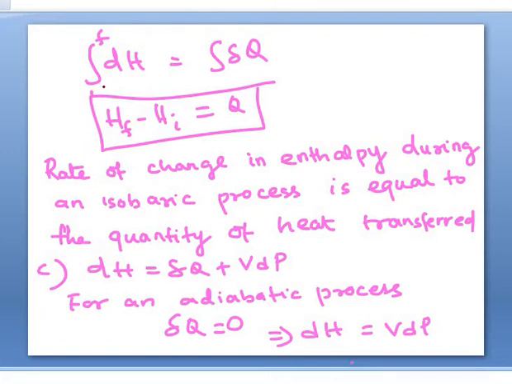When you integrate from initial to final, HF minus HI is equal to Q. This is a very important result: the change in enthalpy during an isobaric process is equal to the heat transferred. So heat transferred can be expressed in terms of enthalpy also. Initial and final enthalpy will give you the heat transferred.